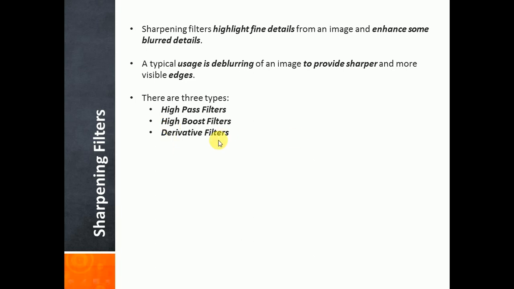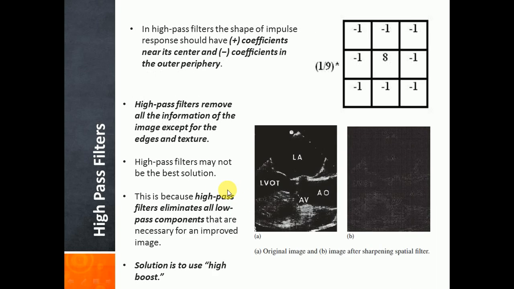Again, high frequency components are the ones where there are edges, because suddenly the gray level changes significantly, and that's why you see an edge. Low frequency components are regions within the texture itself, within the tissue itself. So these, for instance, are your high frequency components, and all of the other regions are low frequency.